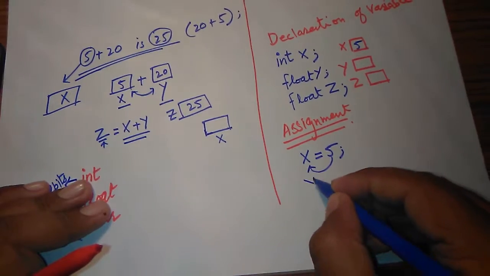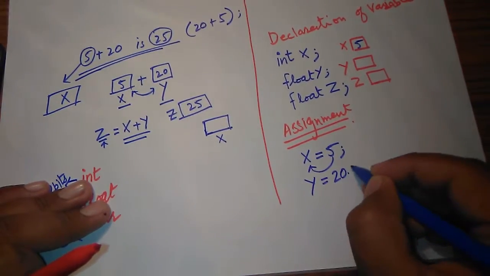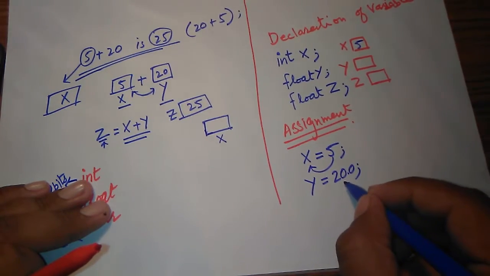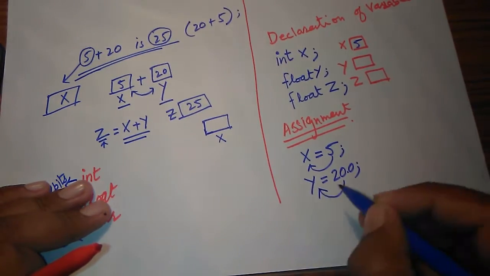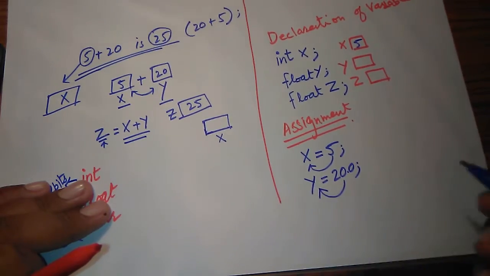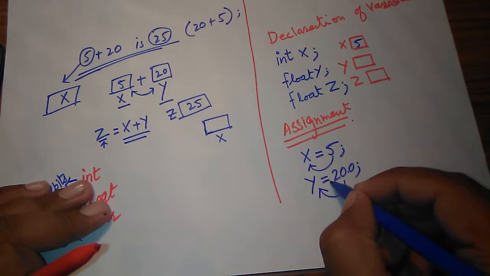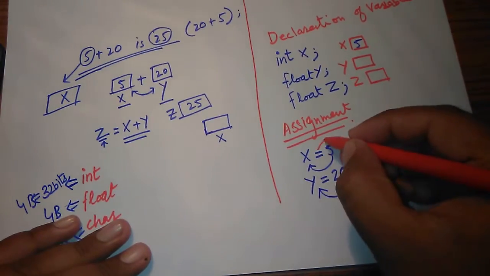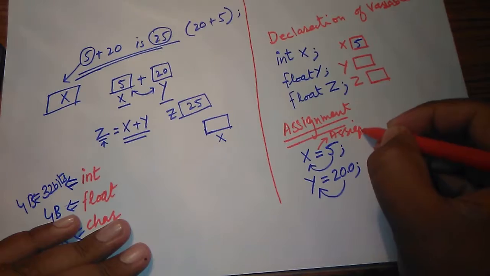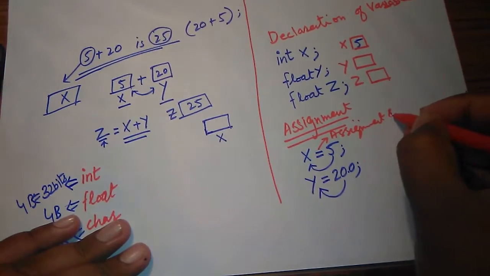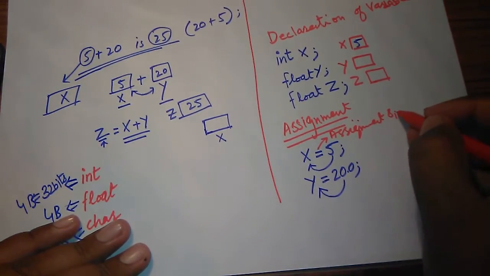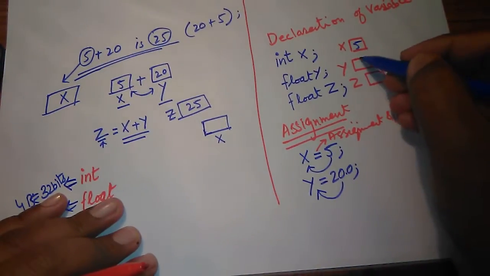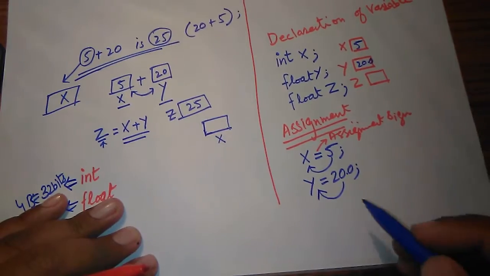Now I am going to write 20.0. This value will be assigned to the variable on the left side of the equal sign. This sign is known in programming as the assignment sign. So here we got 20.0.